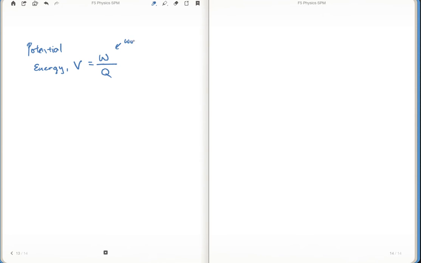This is work done, this is unit charge. It means if you have two surfaces, positive and negative, and you have a positive charge in the middle, of course the positive charge will be attracted to the negative.